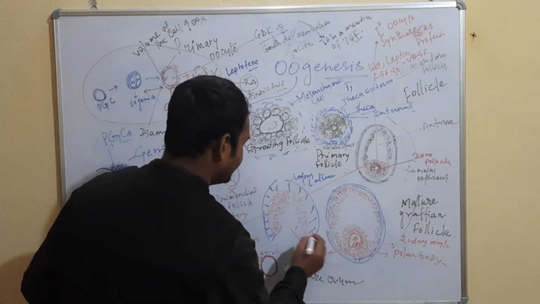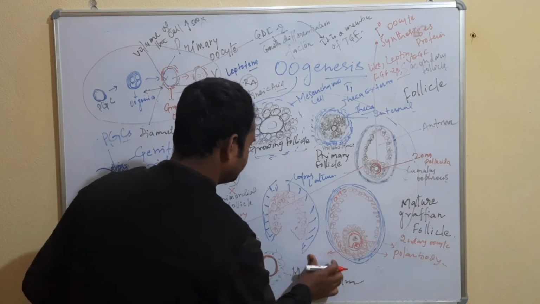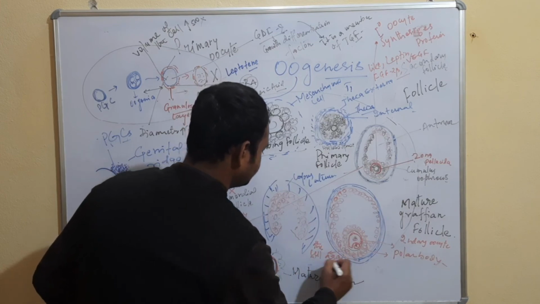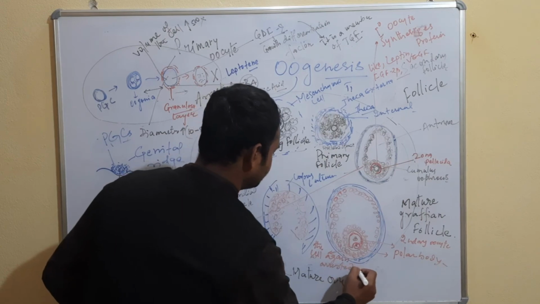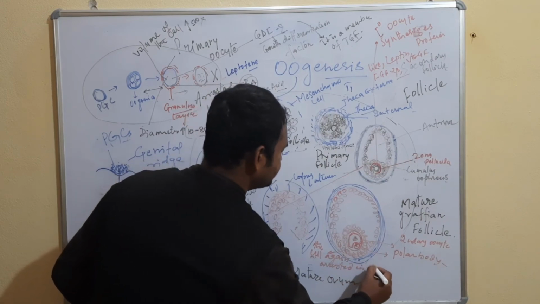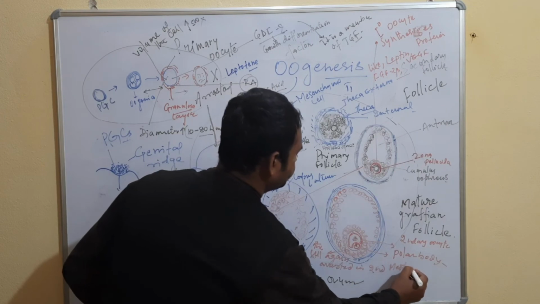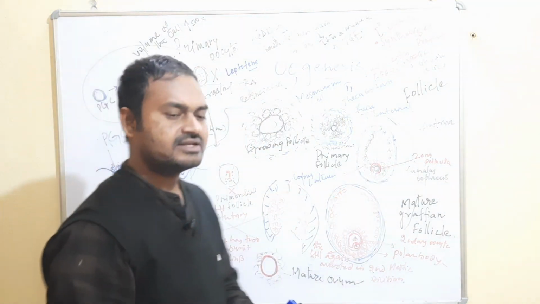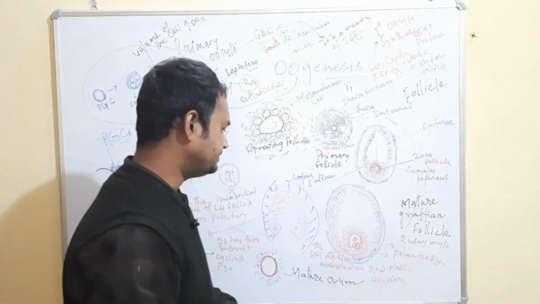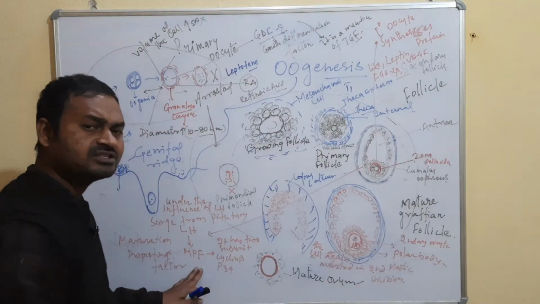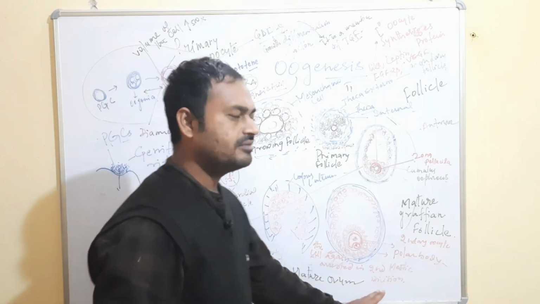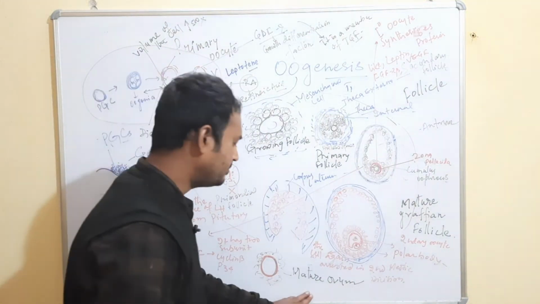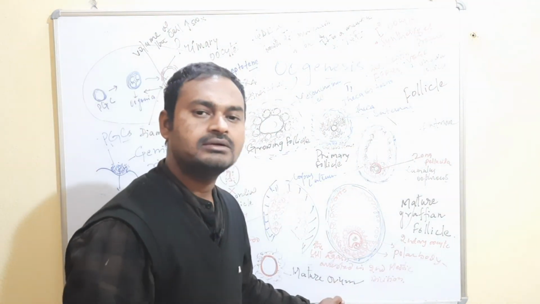The cell is again arrested in the second meiotic division because of the action of the MPK, and this will be completed after the ovum meets with the sperm.